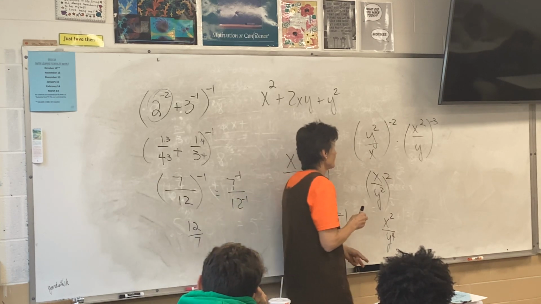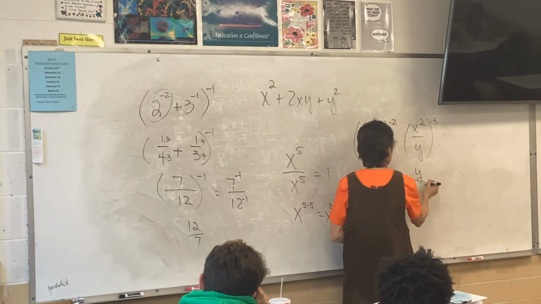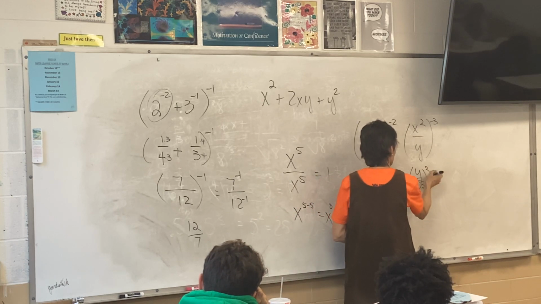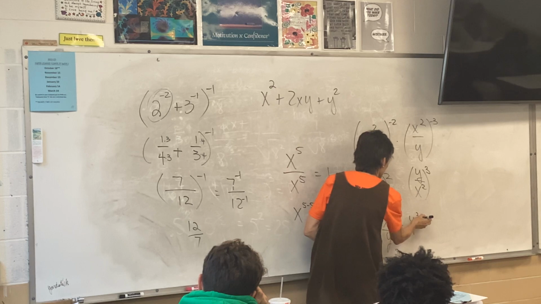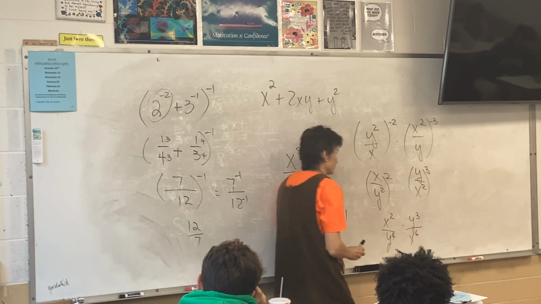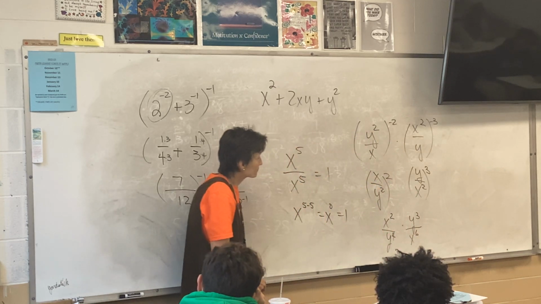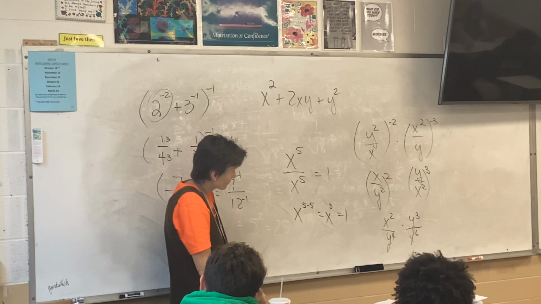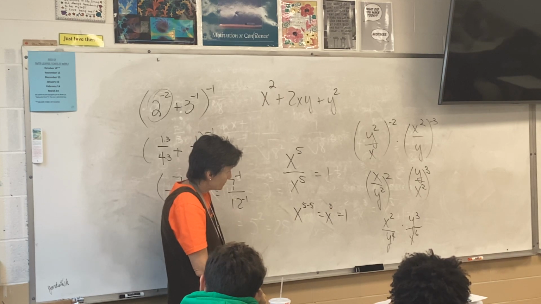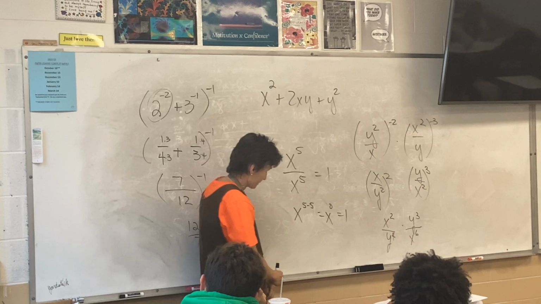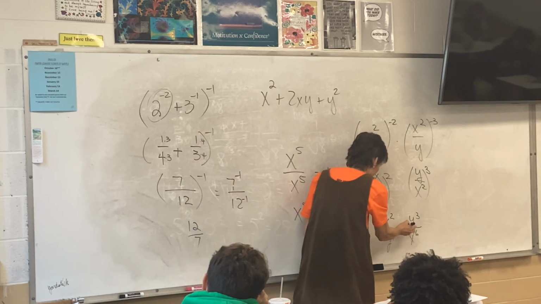That's for the first fraction. Now I'm gonna do the same thing with this guy. So y cubed over x to the sixth. Now I'm multiplying. This is a multiplication problem.